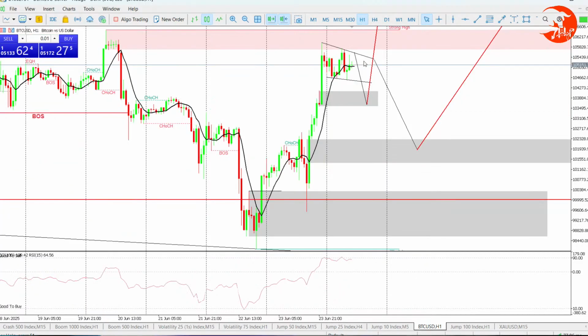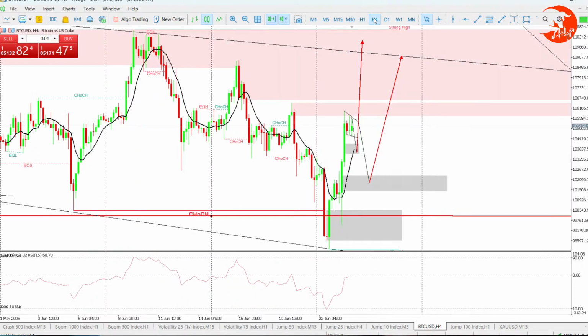And right about now, all we need is a pullback here, and then we continue with buys, or there according to H1 and M15, and then we continue with buys. That's how we'll be waiting to see if we get entries on these two levels. But the most likely to happen is this one, where you can anticipate some long-term buys for some good hours or even days to reach all the way to the upper trend line.